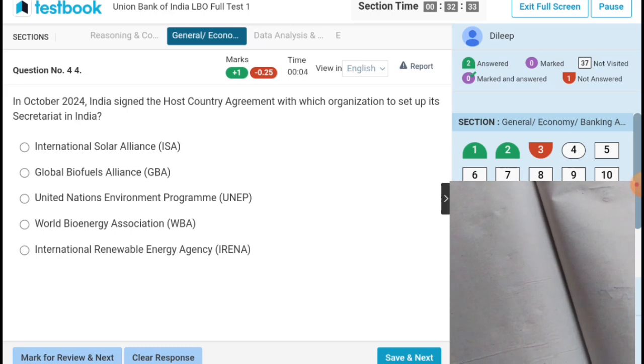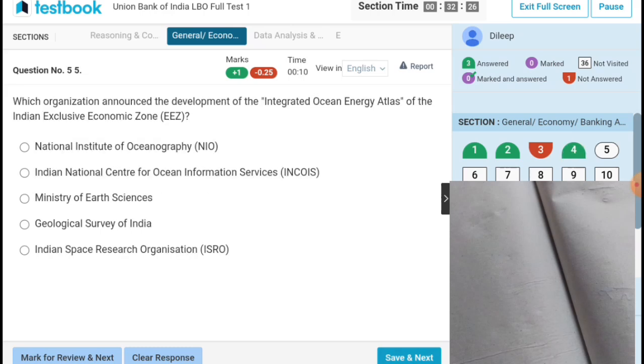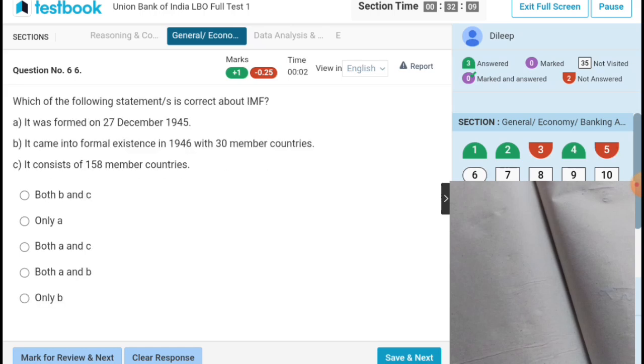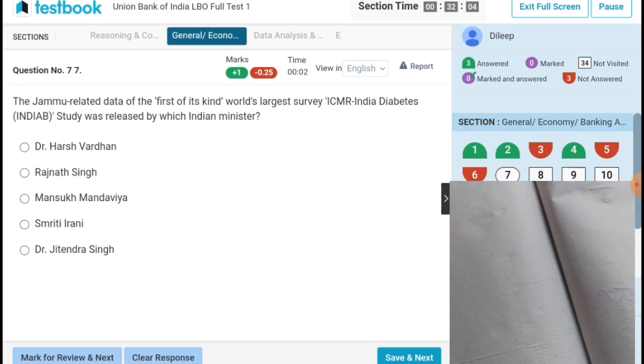In October 2024, India, Secretary of India, I think International Solar Alliance. Which of the following statements is correct? IMF. The Jammu related data, first of its kind.